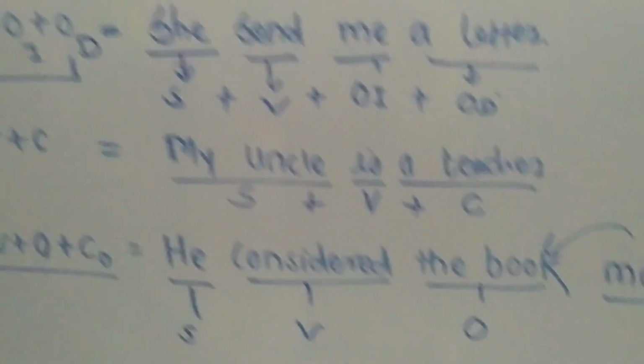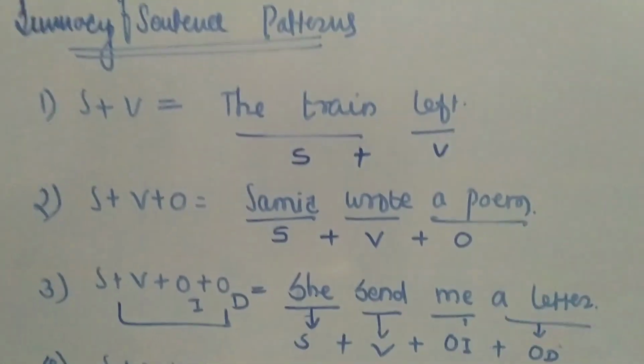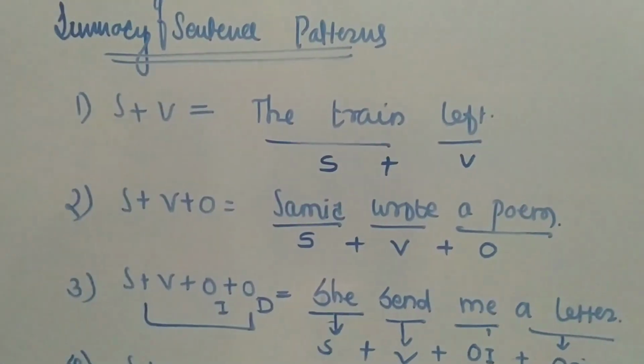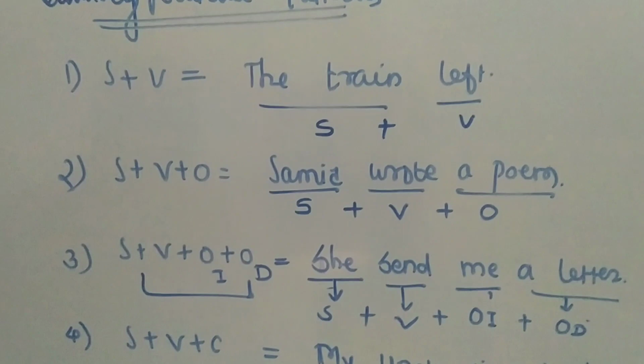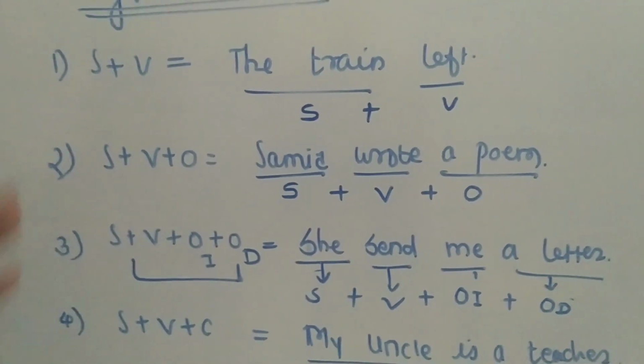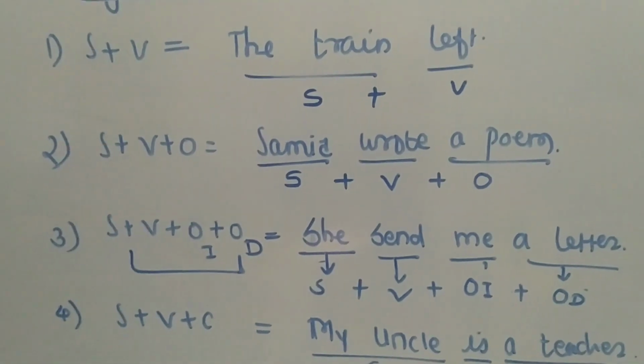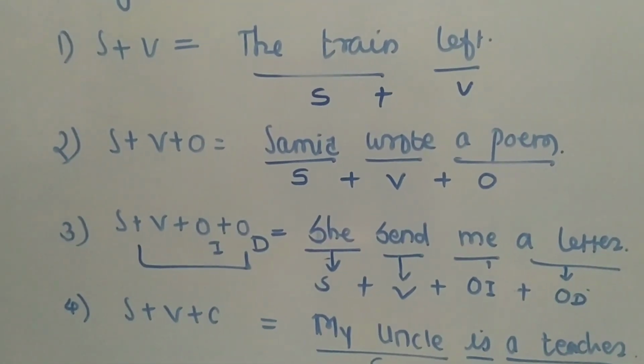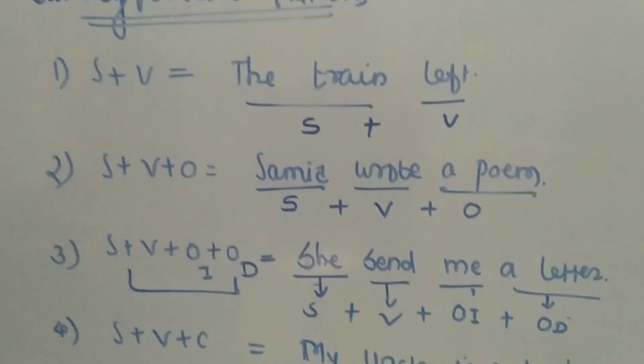These types of examples are one of the exercises for you. With the help of this exercise we can solve different types of examples, and with this video we get information about the structures or patterns of sentences.